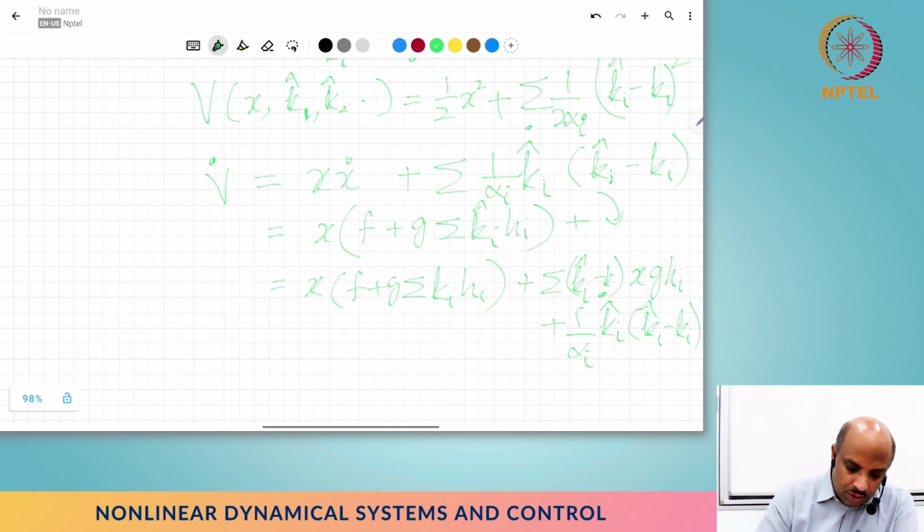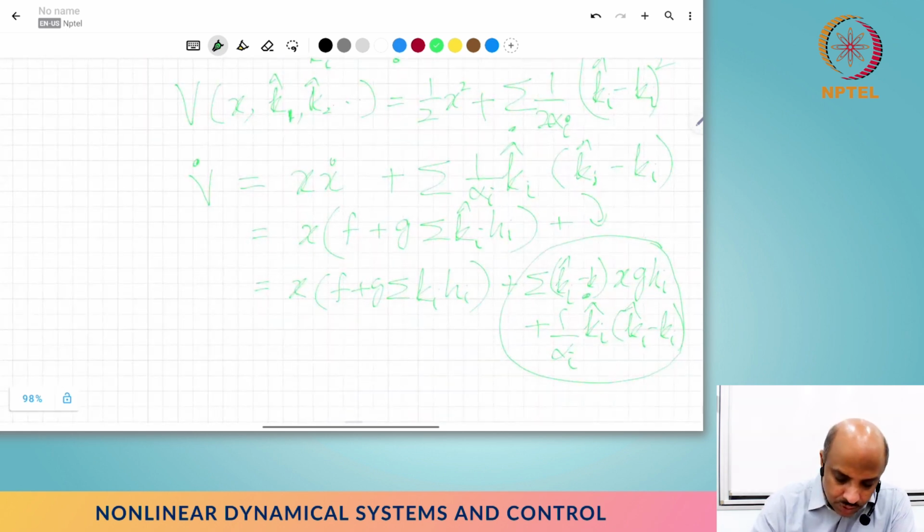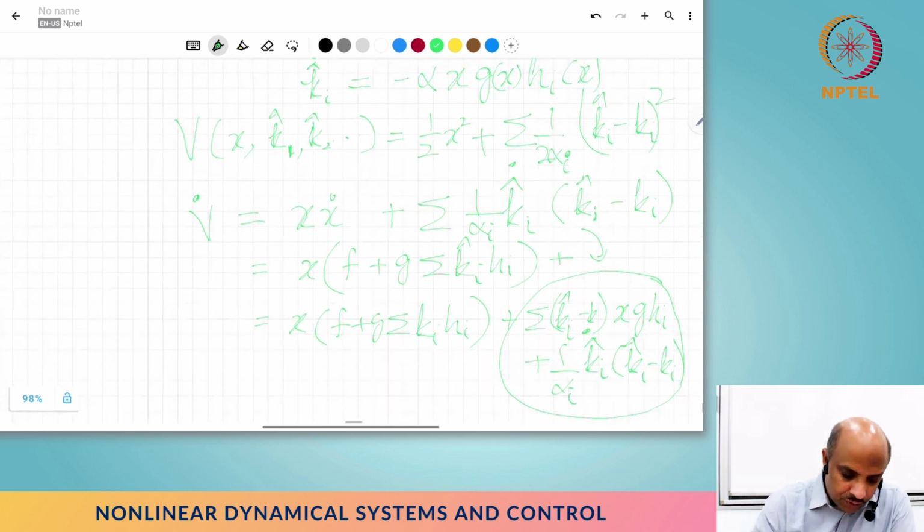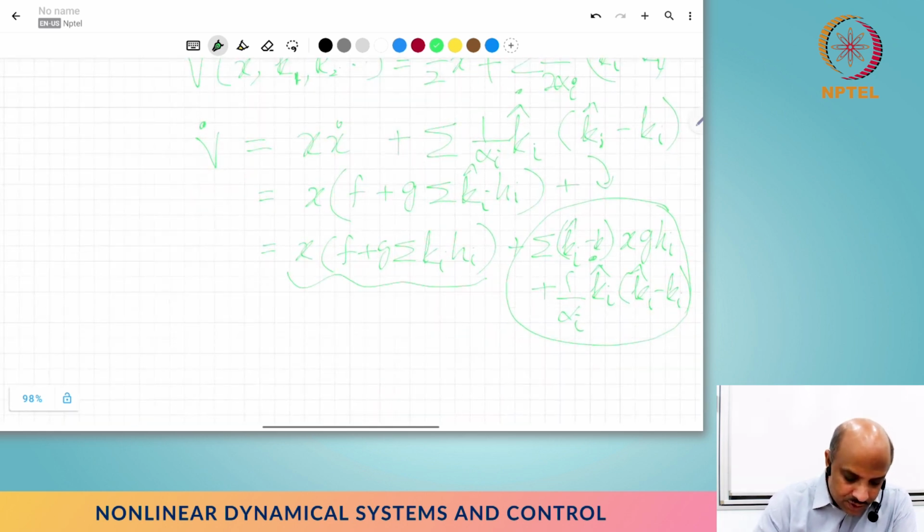Okay, all said and done, this part can be made 0 by choosing k hat I dot equal to minus alpha I x times g of x times hi of x. So that's what we will get this term to be 0, and we know this part is less than 0.